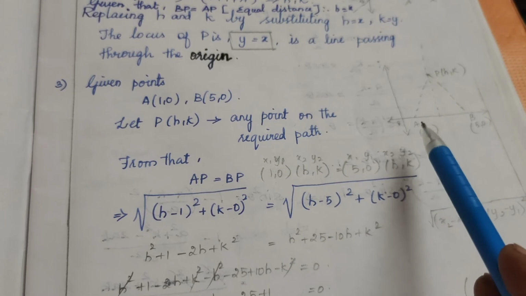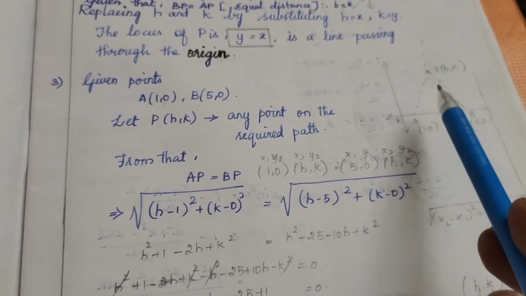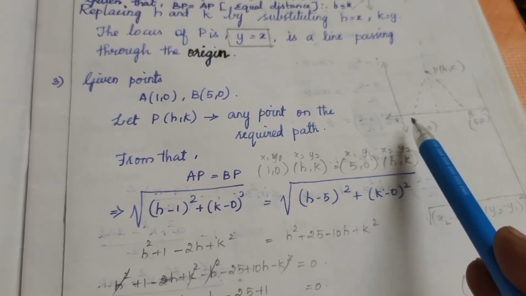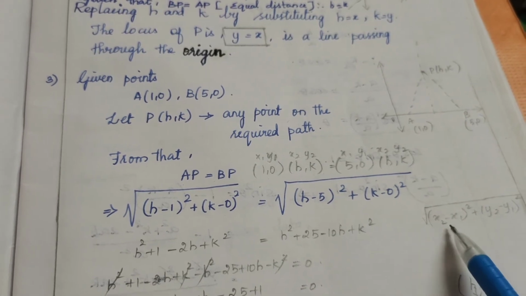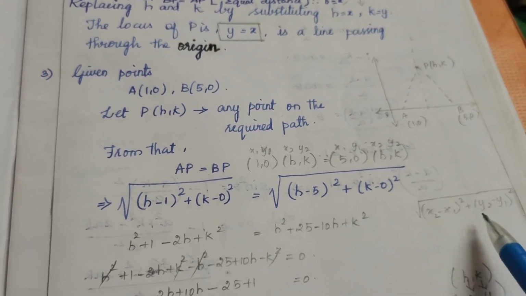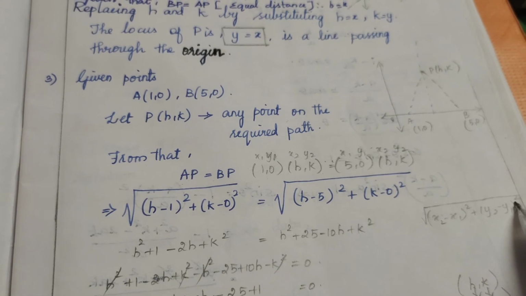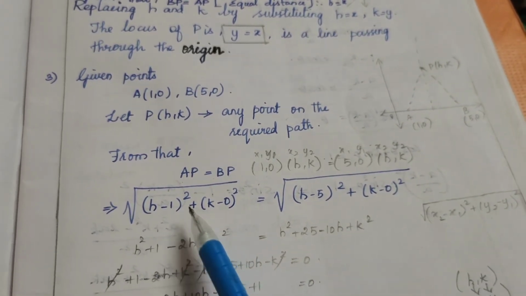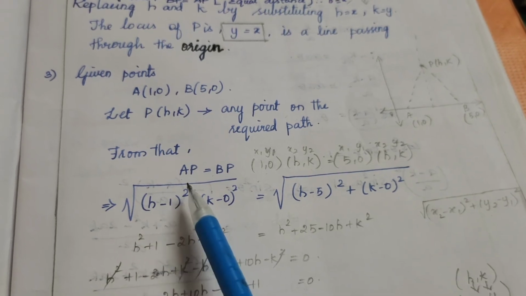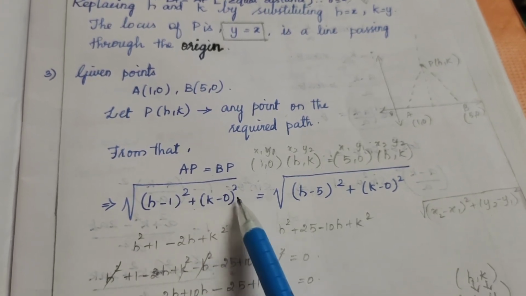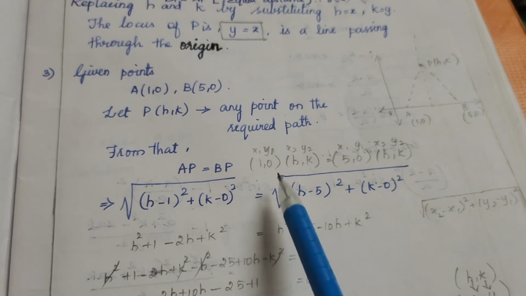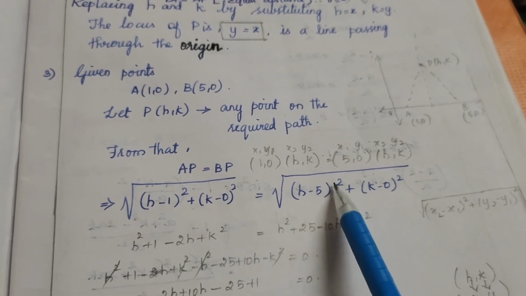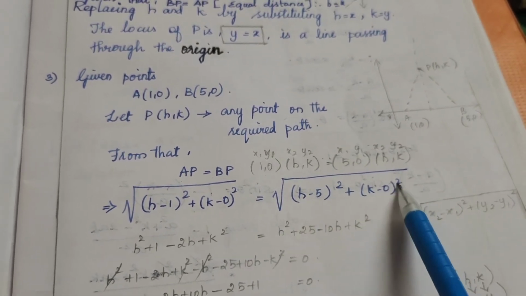Then, given two points, what's the formula to find the distance? That is the root of (x2 minus x1) the whole square plus (y2 minus y1) the whole square. By substituting the values in this formula, we get root of (h minus 1) the whole square plus (k minus 0) the whole square equal to root of (h minus 5) the whole square plus (k minus 0) the whole square.